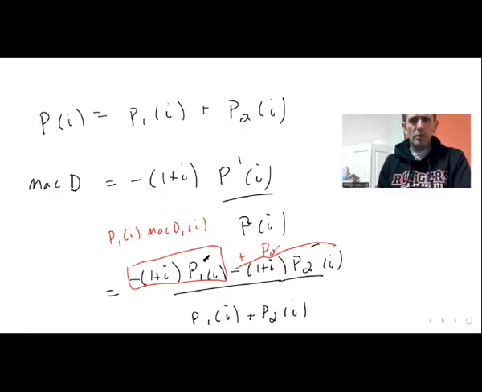It's P2 of I. That's a little messy here. You do exactly what I did, but for P2 instead of P1. So it's P2 of I times the Macaulay duration at I. Okay, that's how we get our formula.